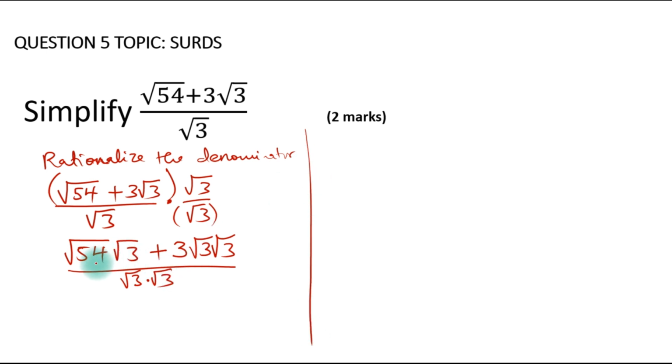So here we end up root 54 times root 3 will be the same as root 162 plus root 3 times root 3 is the same as 3, then 3 times 3, that is 9, all over root 3 times root 3. Root 3 is the same as 3 raised to a half times 3 raised to a half. Remember laws of indices, so we add the powers, a half plus a half, which is 1. So root 3 times root 3, that is 3.